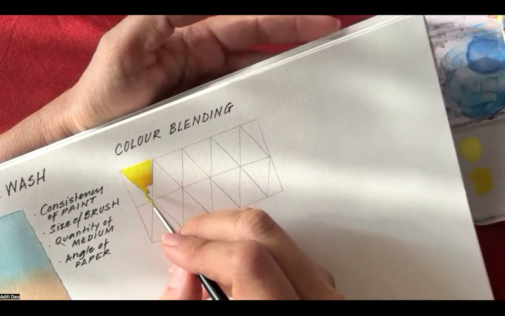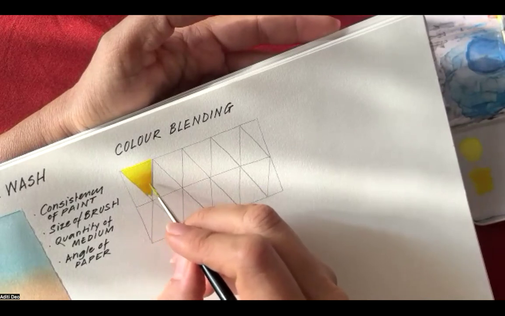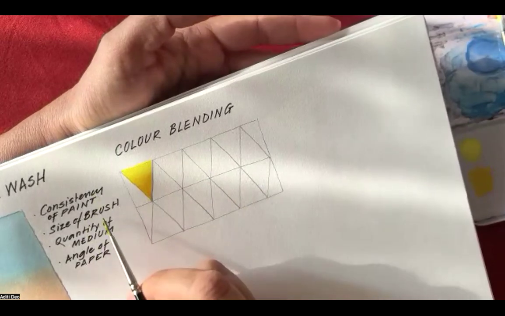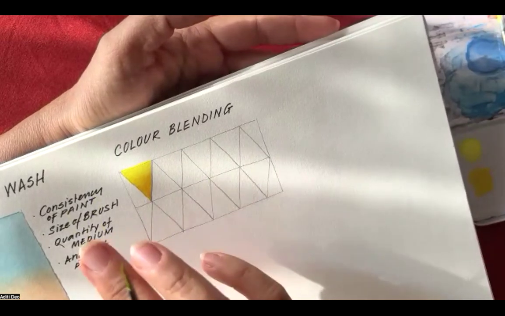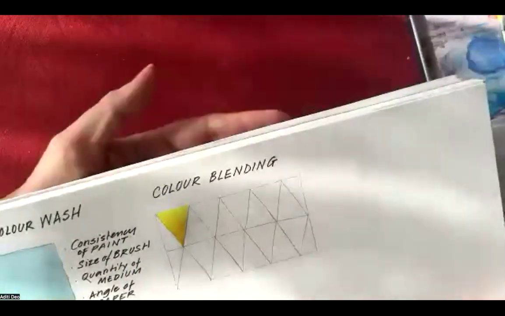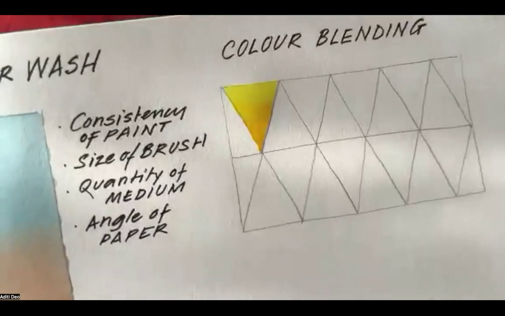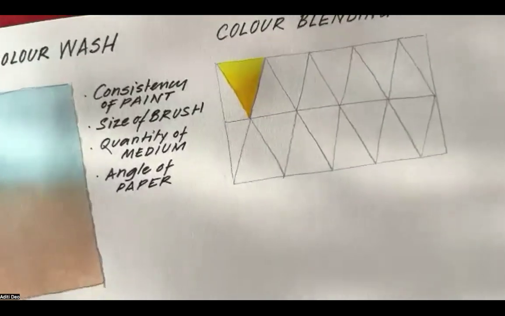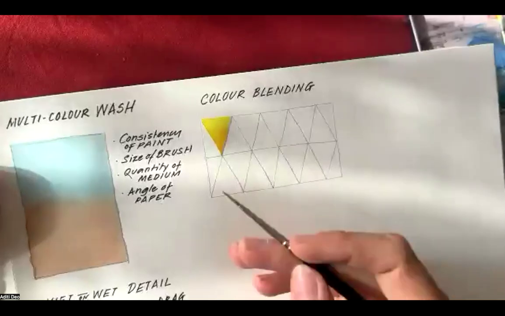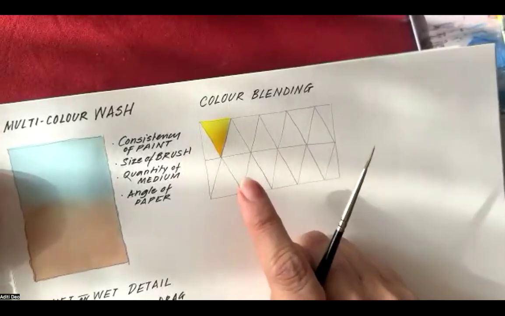And then keep pulling the color down. If we manage the consistency of the paint and the size of the brush, this is cakewalk. And then you have to just let it dry. So here we have a blending of concentrated colors where you have kept the medium drier and the area is smaller as well.